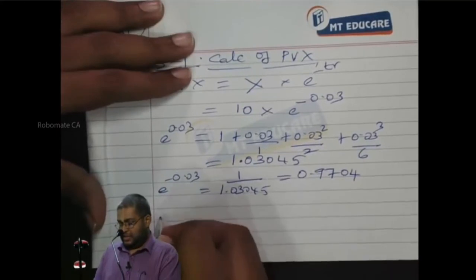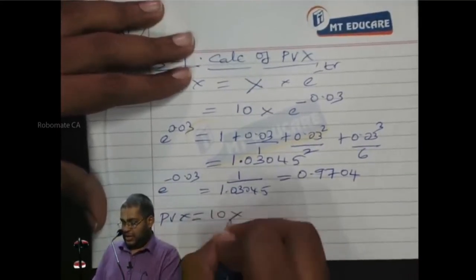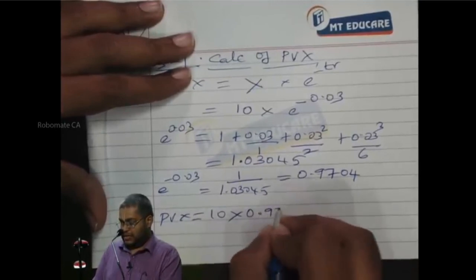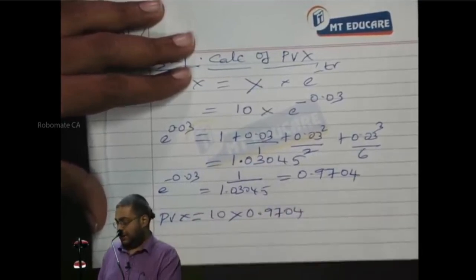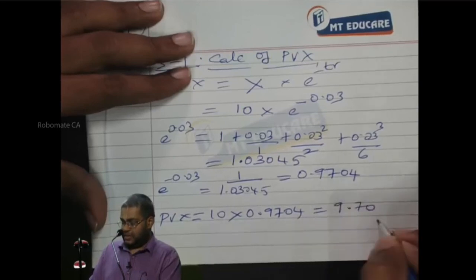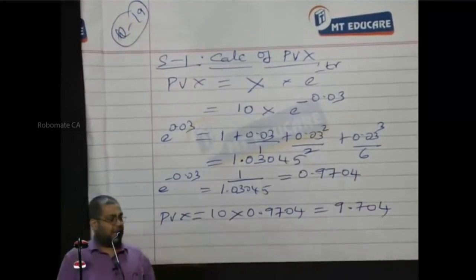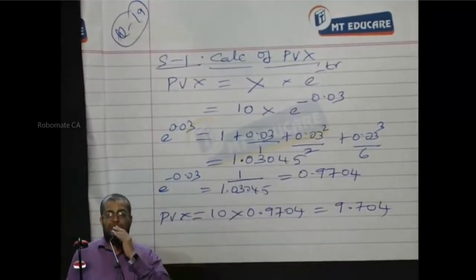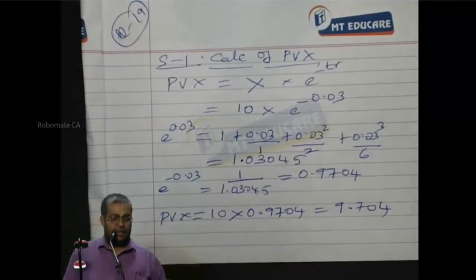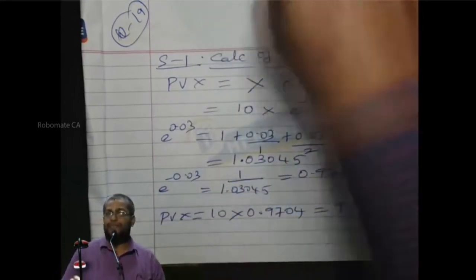In that case, present value of strike price is equal to 10 into 0.9704, which is 9.704. Present value of strike price is 9.704. Did you understand? PV of X is 9.704. Can I proceed further or not?